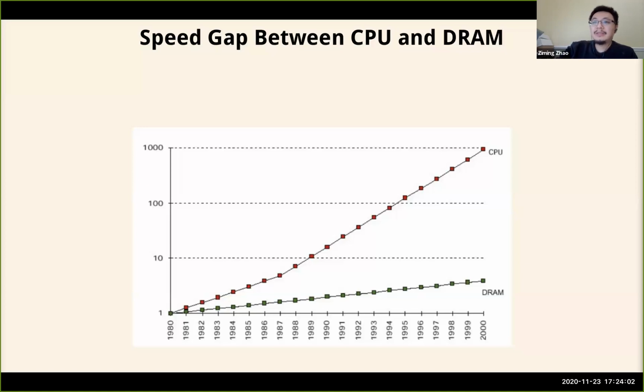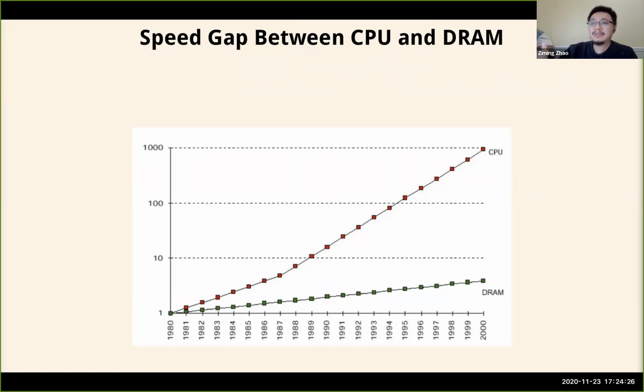So the perfect memory or storage system should be super fast, as fast as the computing modules, as fast as the CPU, and super large, super affordable. Unfortunately, that doesn't really happen in reality. We don't have such memory storage systems.